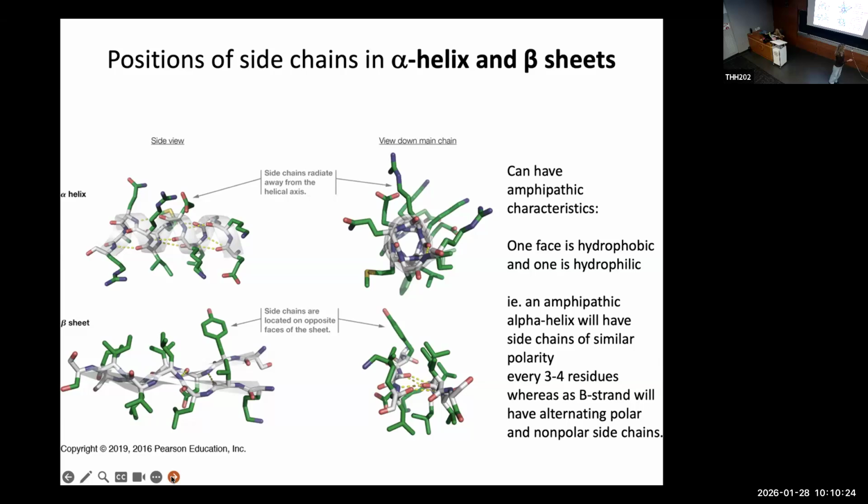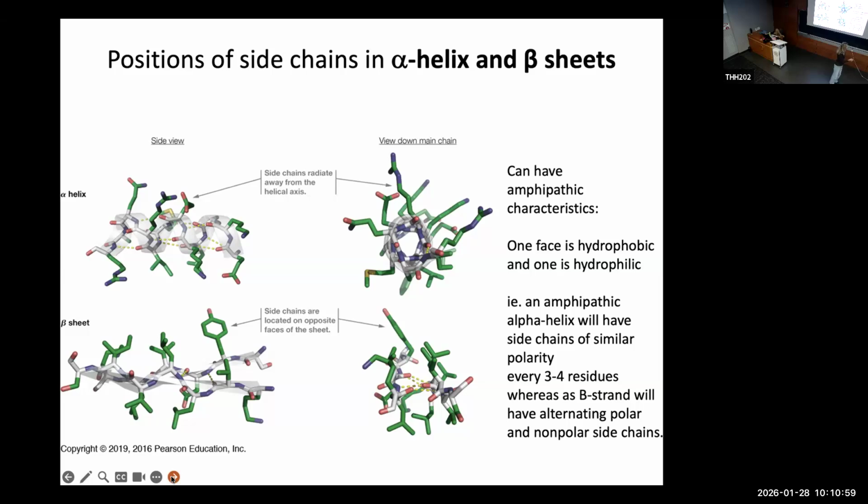If the amino acid side chains on one side of the alpha helix are all hydrophilic and the other side is hydrophobic, and that continued throughout the structure, you'd have a sidedness to it: one side hydrophobic and one side hydrophilic. So that alpha helix could be at an interface, like between a lipid bilayer and the aqueous cytoplasm, something like that.